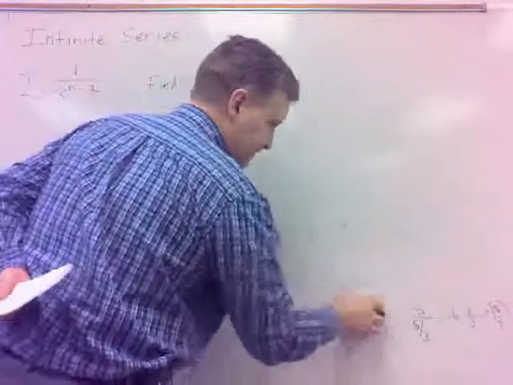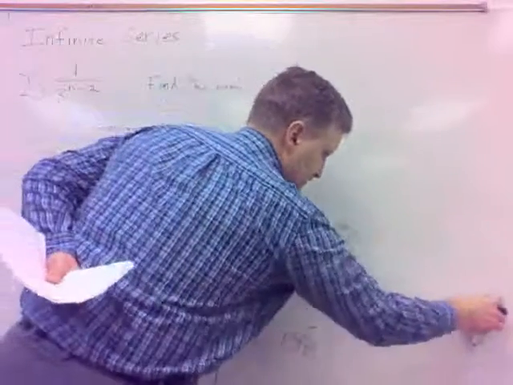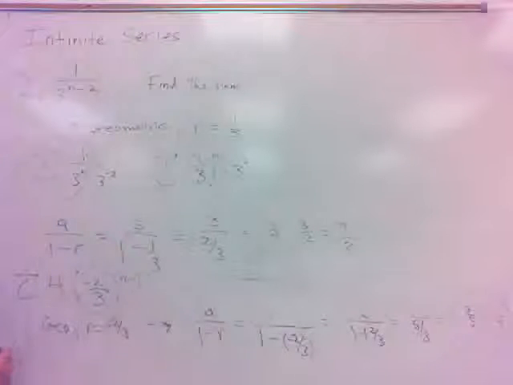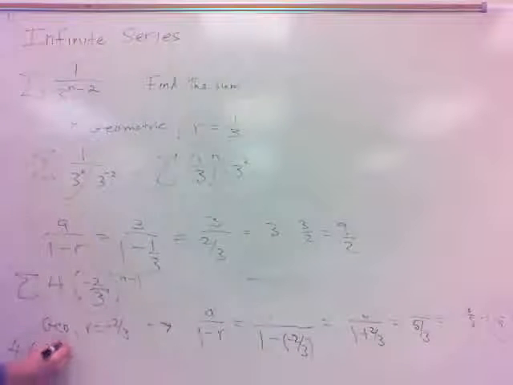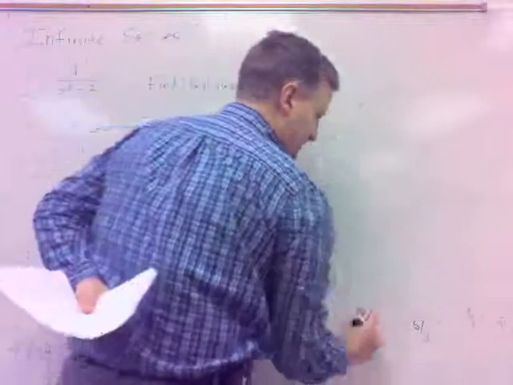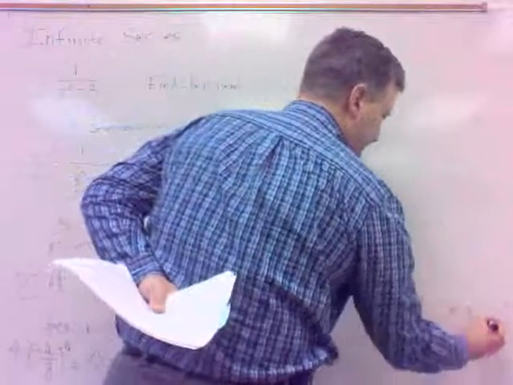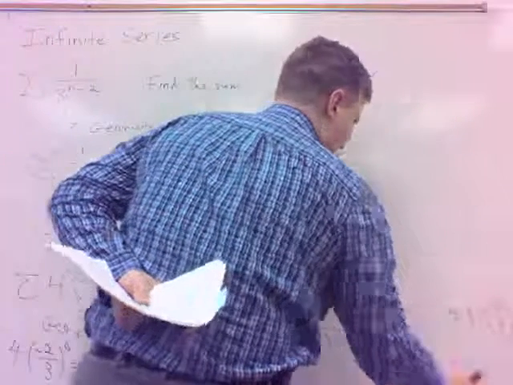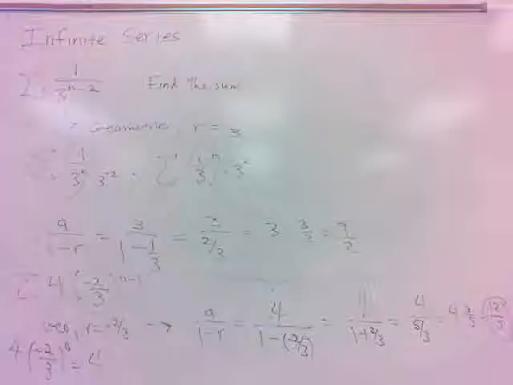Sorry. Because I started at 0, didn't I? 1 minus 1 gives you 0. So it wasn't as fun as I thought. 4 is the first term. 12/5. That's what I have in my notes, so I won't have to fix those. Fix it on the board. All right.